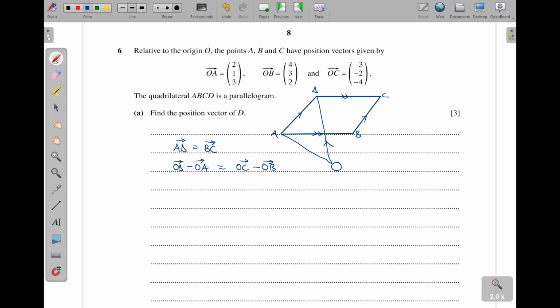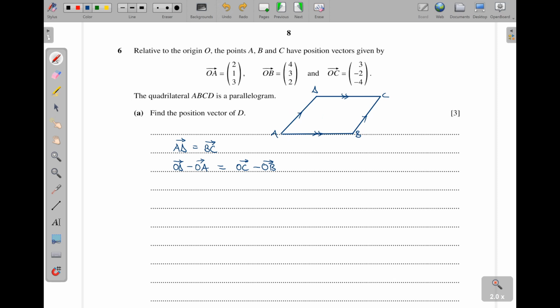So this is O to D, this is O to A. I want to go to D, so I will say AO. Do you see that I'm moving in the opposite direction? So this one will be negative OA, and then plus this, which is positive. So you just get the last minus the first. As simple as that.